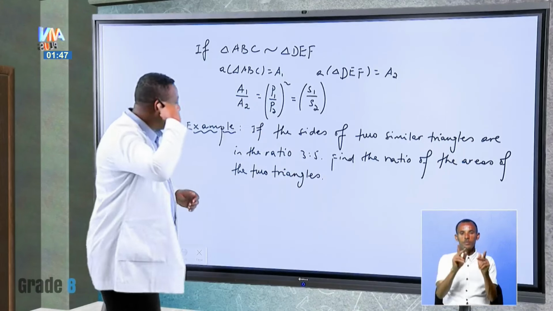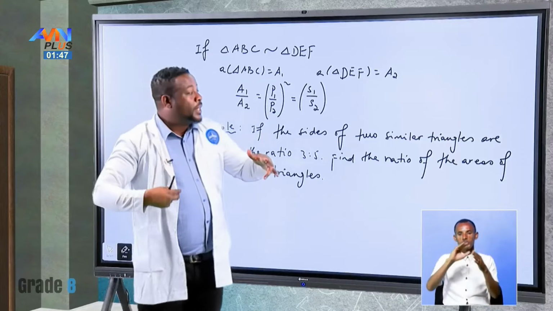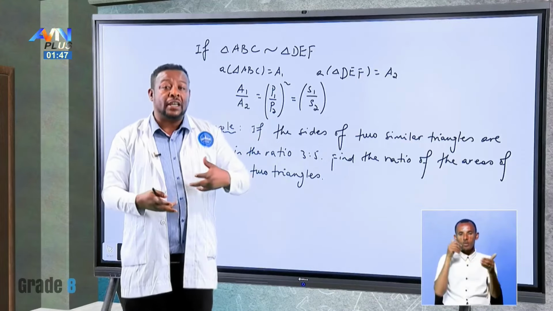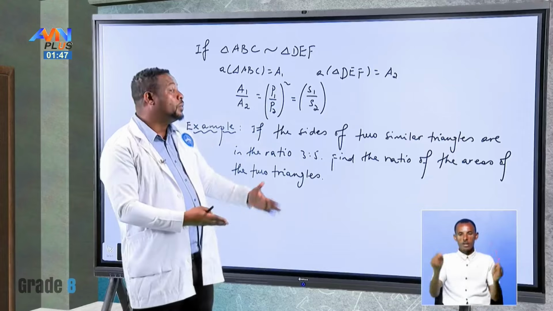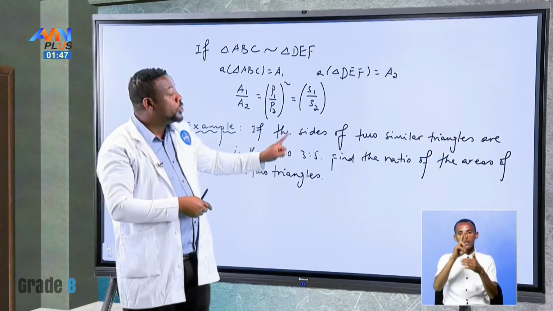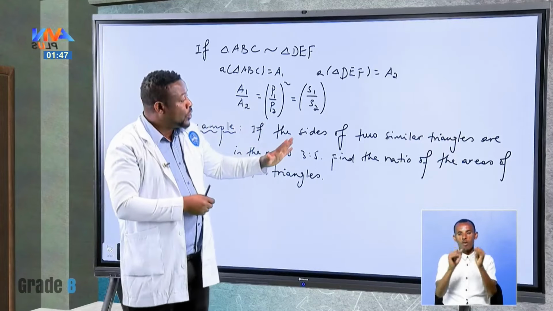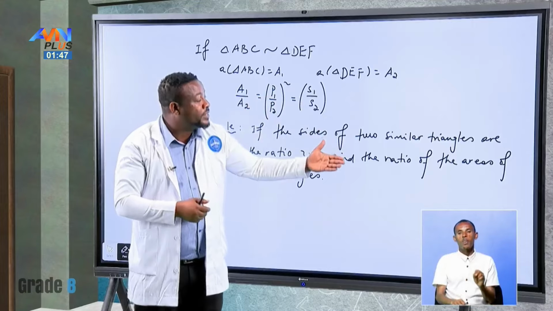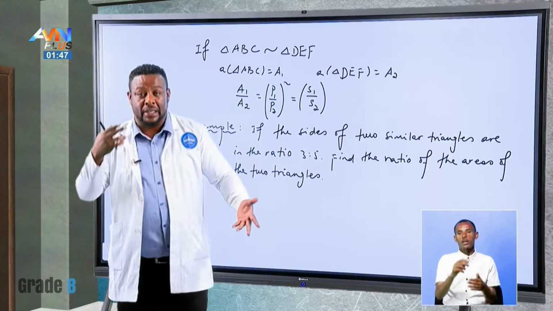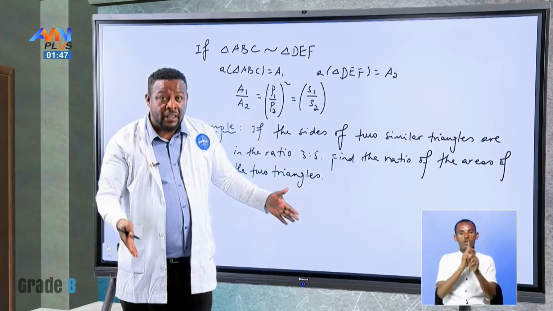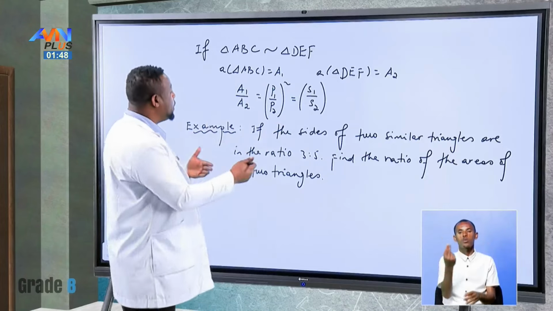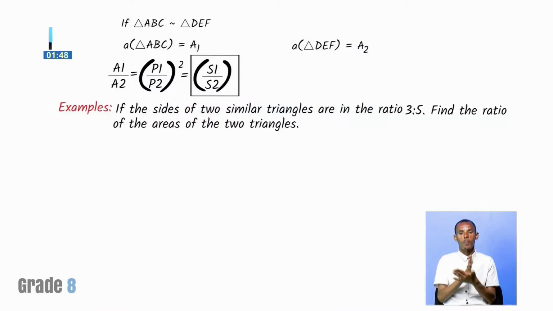Here, what is given? The ratio of the corresponding sides of two similar triangles is given, which is 3 to 5. So what is the ratio of the areas of the two triangles? To answer this, you need to apply the relationship between the ratio of the areas and the ratio of the sides, made square.